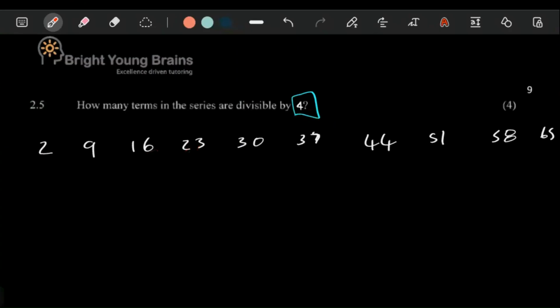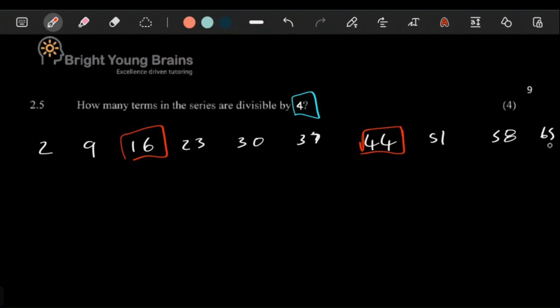But the point is, if you look at the numbers in your sequence, you can see 16 is divisible by 4. Then this one is not, this is not, this is not. The next one here is definitely divisible by 4. Then there's a gap of 3 values, and then one number is divisible by 4.